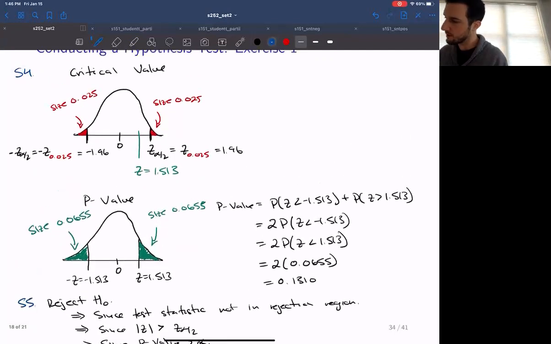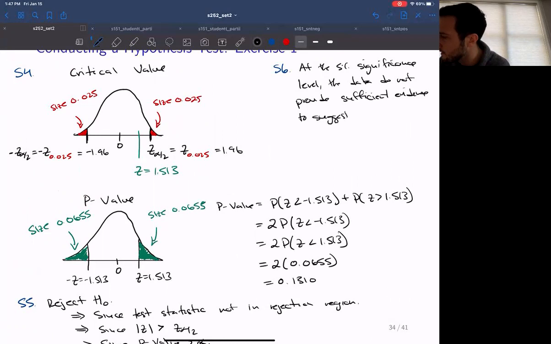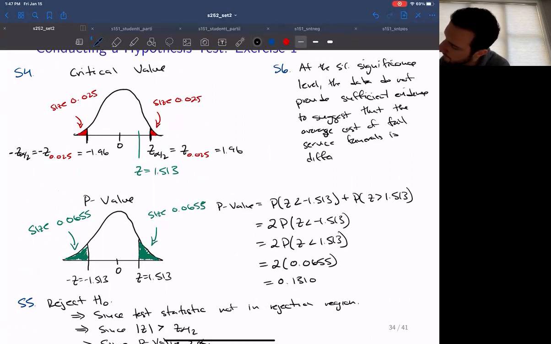Then I'll just finish this up here. So now we can say at the 5% significance level, the data do not provide sufficient evidence to suggest that the average cost of full service funerals is different from $6,500.